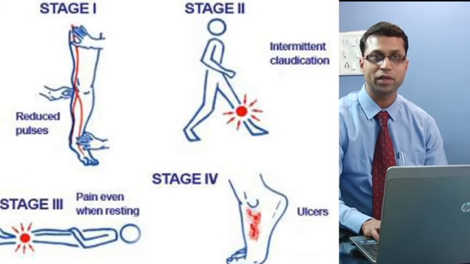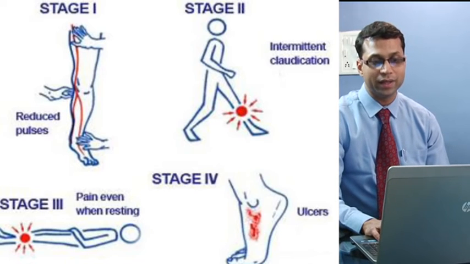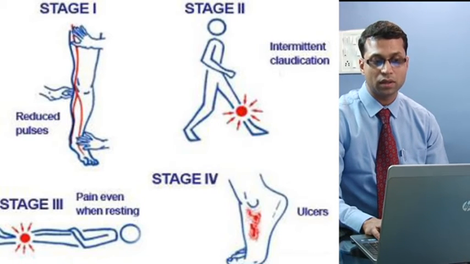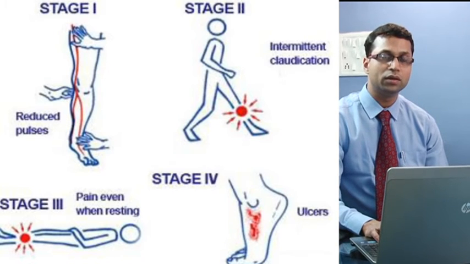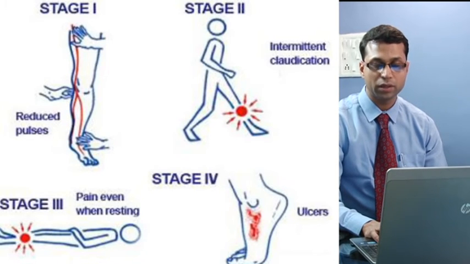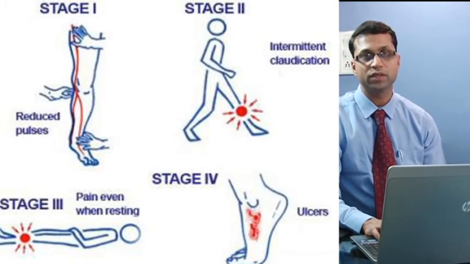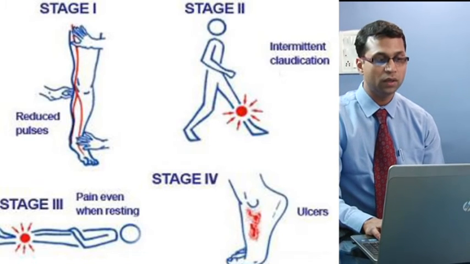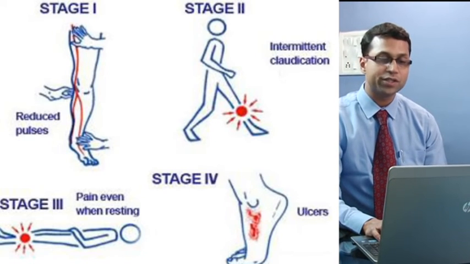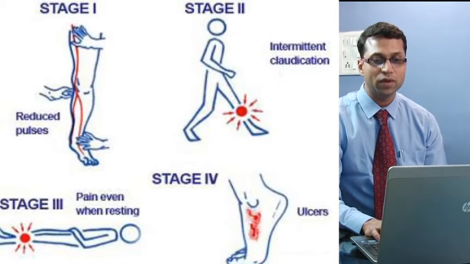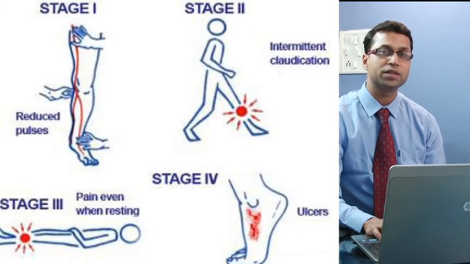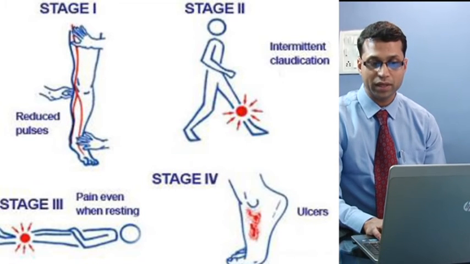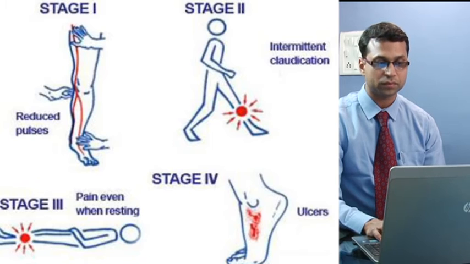Stage 2 is intermittent claudication, and in this stage the person feels pain in the calf region after a few minutes of walking or climbing staircases, and generally the pain disappears with a few minutes of rest. If PAD progresses to stage 3, pain may even occur when you are at rest or lying down, called ischemic rest pain. It may be intense enough to disturb your sleep.